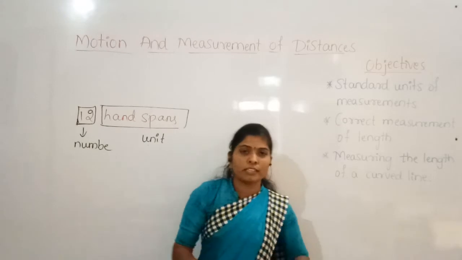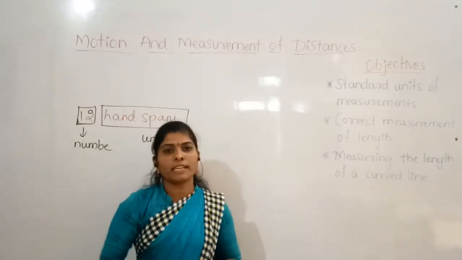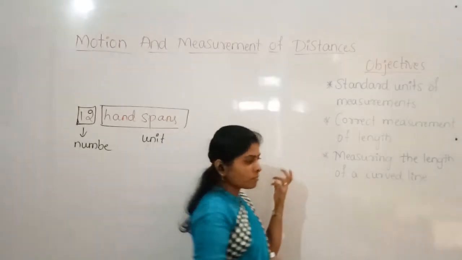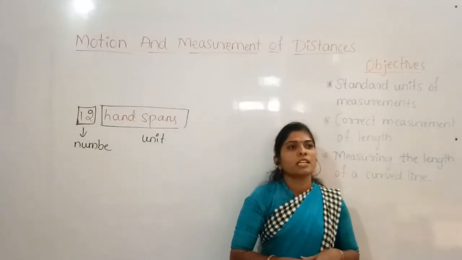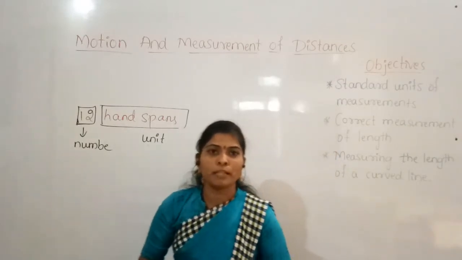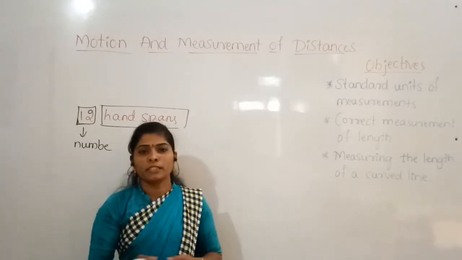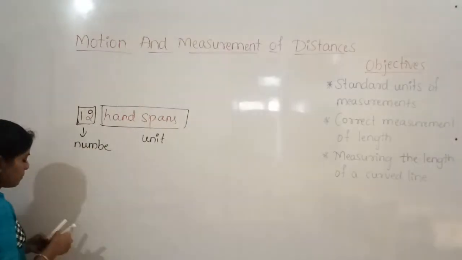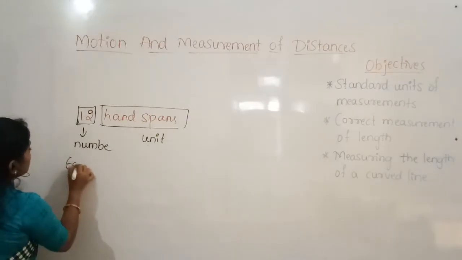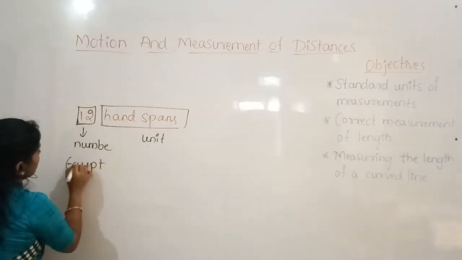Many kinds of such units were used. For example, in ancient times the Egyptian people used the cubit as a unit of length.